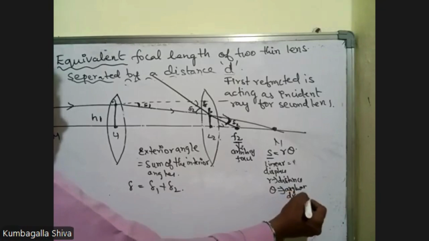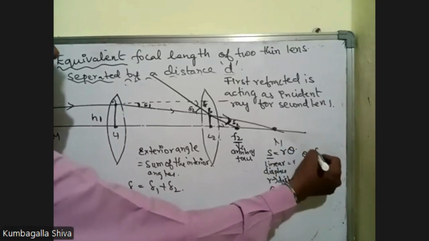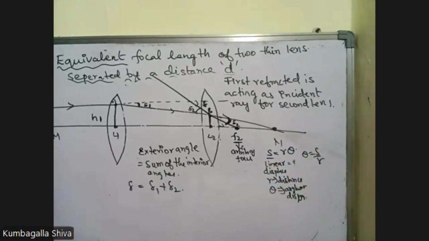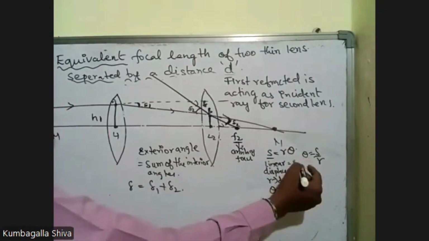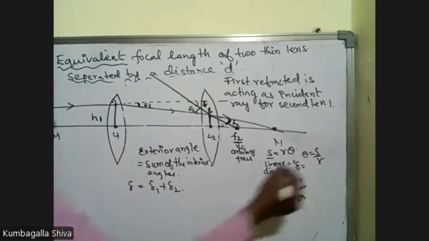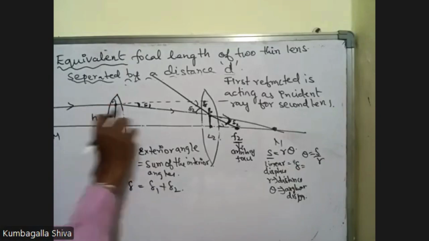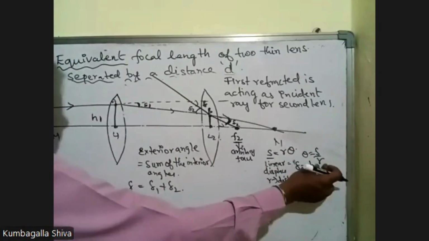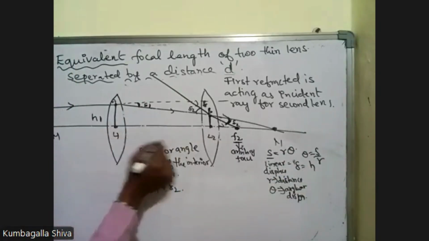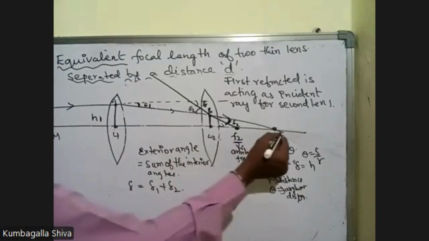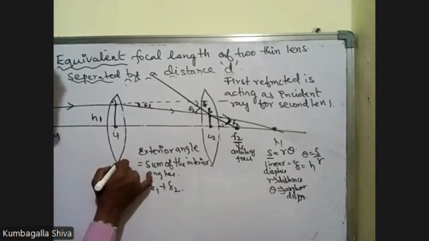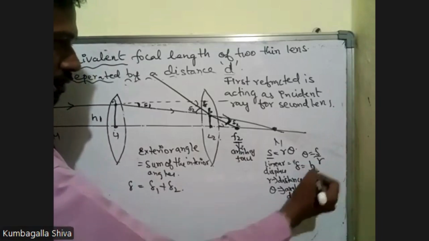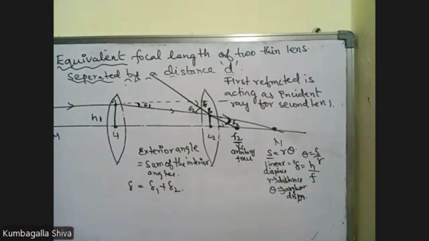So we can write this formula as theta is equal to S by R. In place of linear displacement we have h, the height, and R is the radius, here the focal length. So delta is equal to h by f, height by focal length.